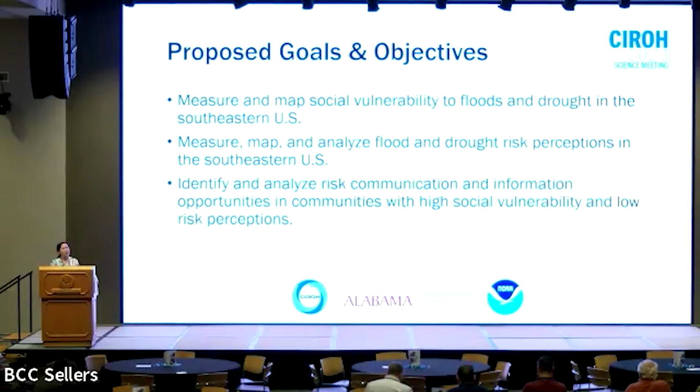But the uniqueness of our project is to map the variation of risk perceptions of these 2 particular hydrological hazards in the southeastern U.S. The aim is to integrate that physical exposure, that social vulnerability layer, geographic information layer with the risk perceptions, so that the integration of the social dimension and the behavioral dimension can give us a more comprehensive picture of which particular communities are highly vulnerable to these hazards, so that we can target our communication efforts at those communities, which brings us to the third objective, to identify and analyze risk communication and information opportunities in communities with high social vulnerability and low risk perceptions.